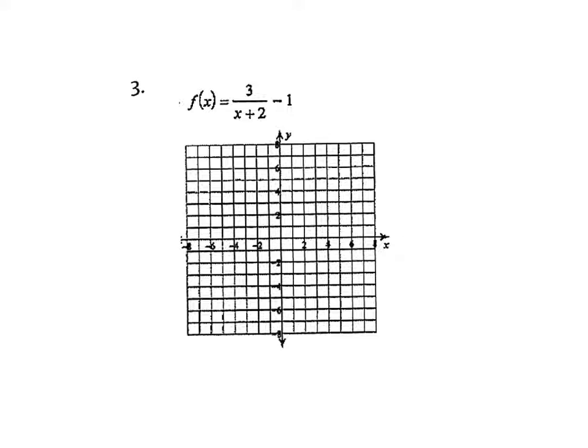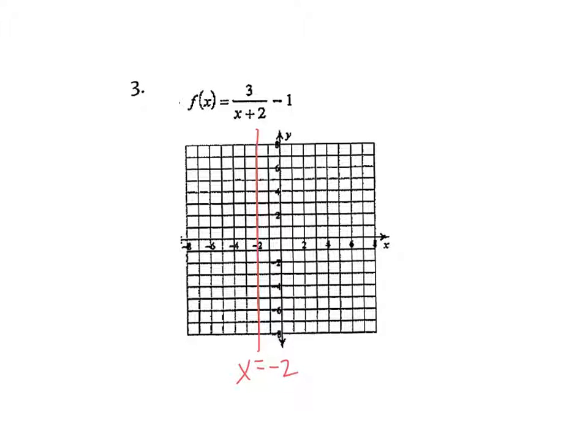Let's look at the third one together. Now we have 3 things going on. We have here a vertical stretch by 3, here a shift left 2, and there a shift down 1. Left 2, we've looked at that a couple of times. That means my vertical asymptote shifts over to the left, and I get x equals negative 2 for that asymptote.